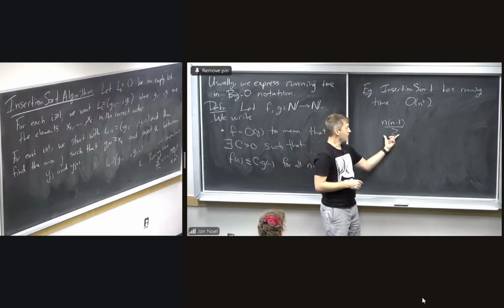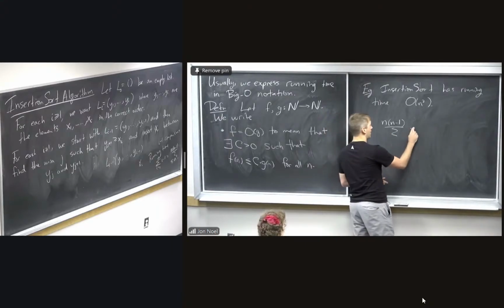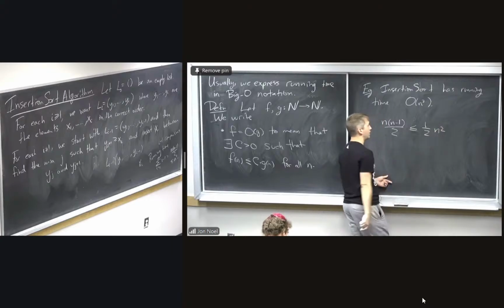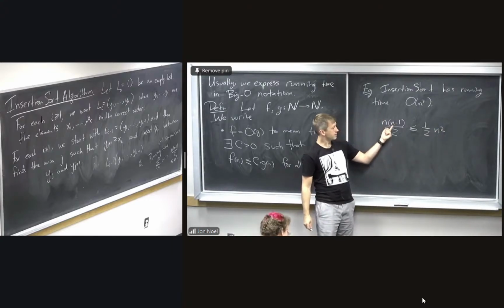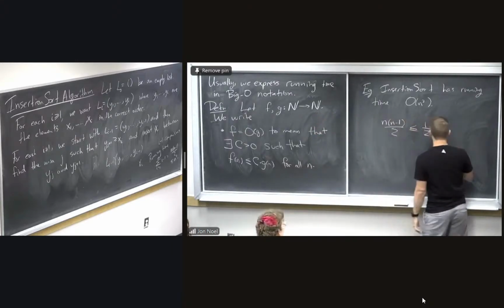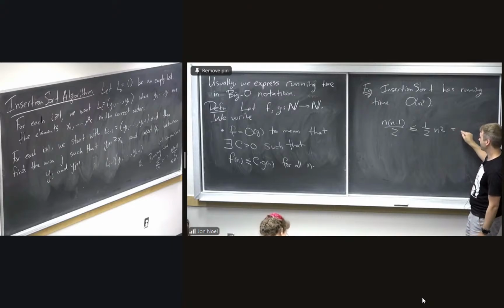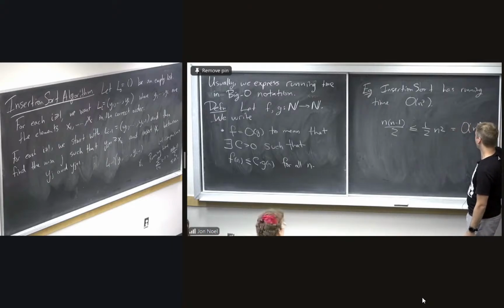Anyway, n times n minus 1 over 2 is at most 1/2 n squared, because n minus 1 is at most n. So if 1/2 is my capital C, I can say this is big O of n squared.